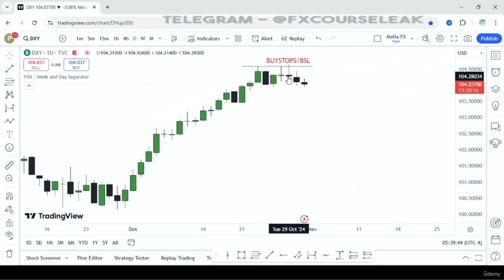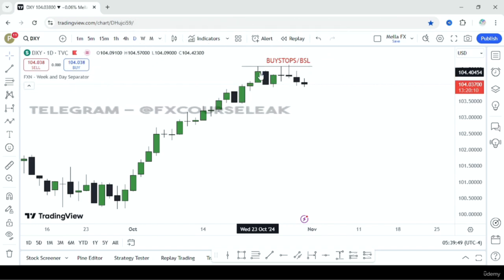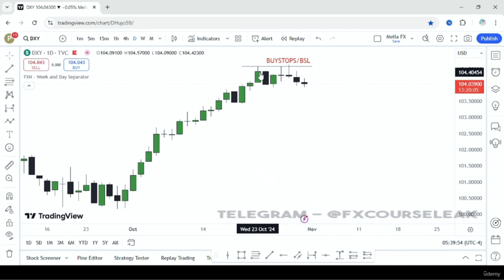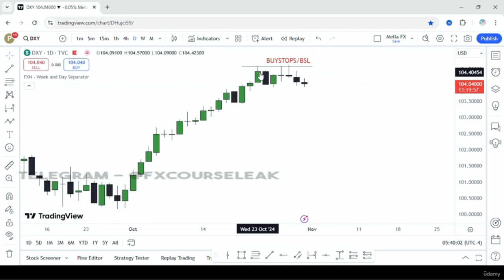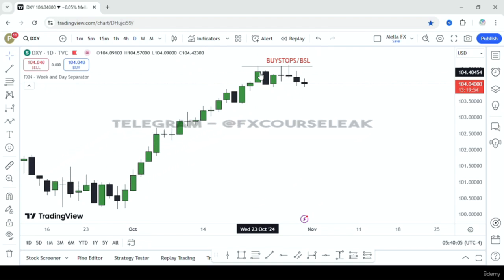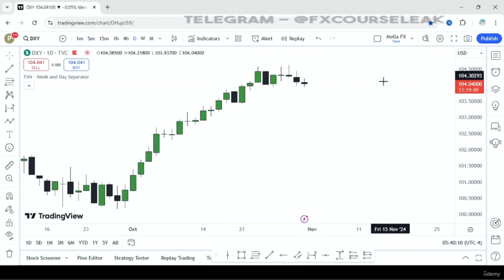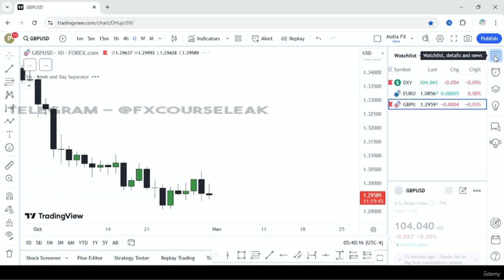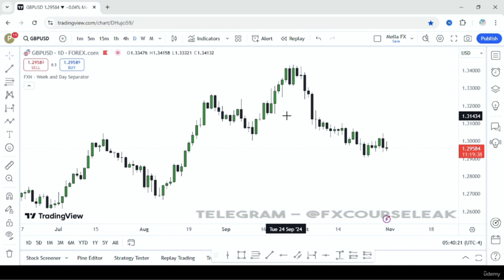But when we came and ran this swing high, in the running of these buy stops, we don't want to see the market running above it by more than an average of 10 to 20 pips. Let me go and use the pound dollar for this one.